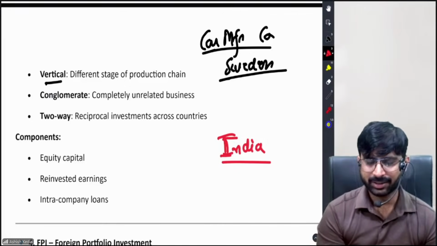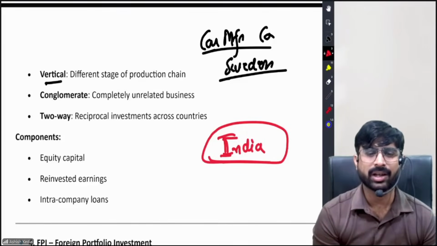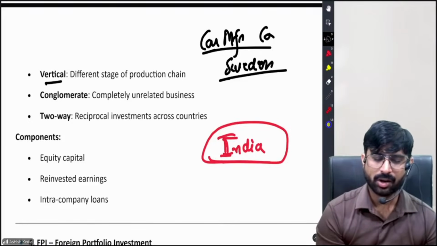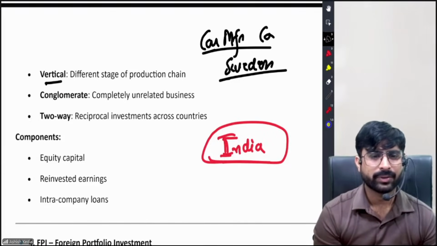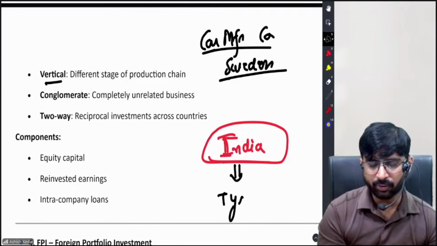In India, what they find is a company that manufactures tires.